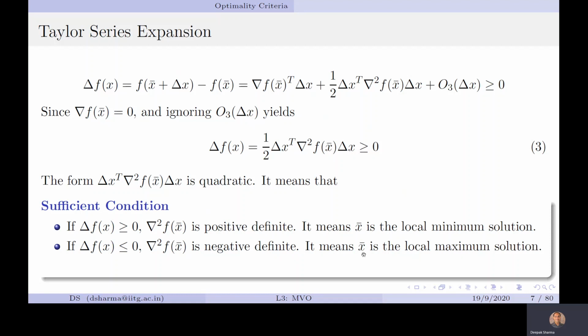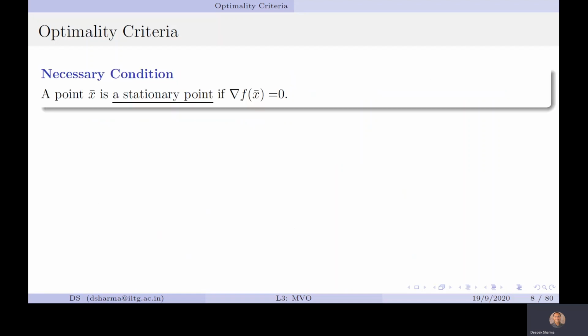In that case, we can say x is the local maximum point. If it is neither positive nor negative, then we can say that x bar is the saddle and the inflection point. So all these three conditions put together will give us the sufficient condition.